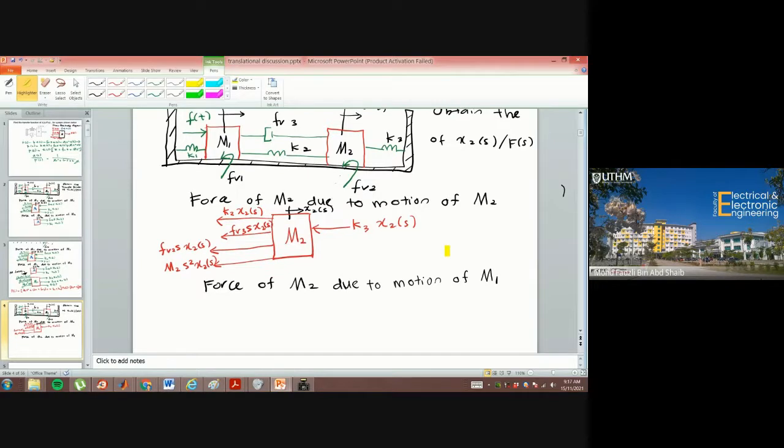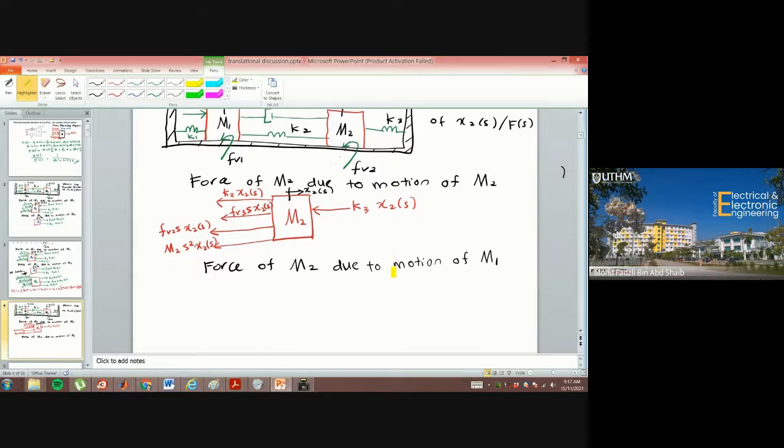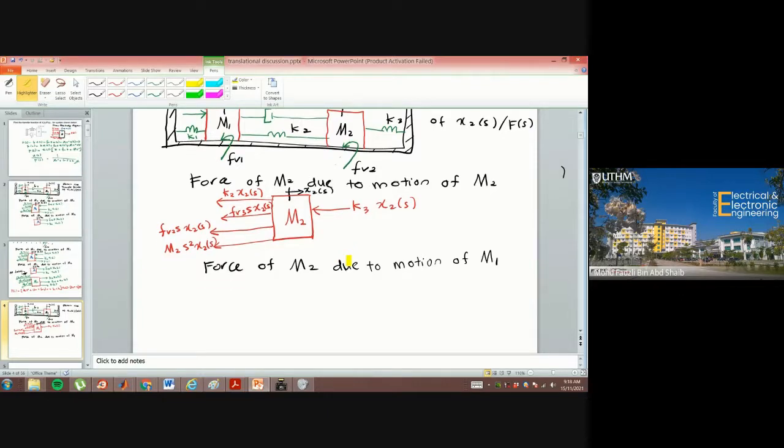What is the force of M2 due to the motion of M1? The link is FV3 and K2, the same like the previous solution. We just scroll like this. We have M2, still M2.